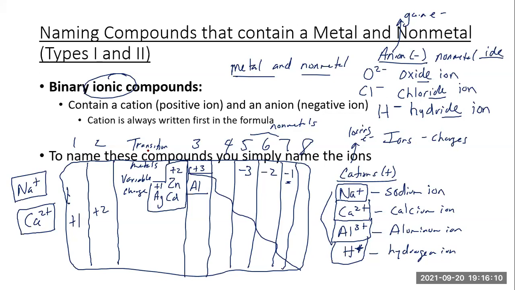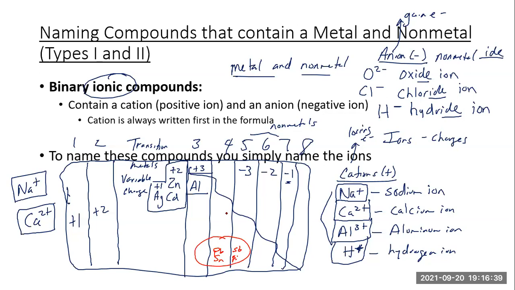The transition metals and even the metals in this area as well, below the staircase, things like lead, tin, antimony, and so forth. Bismuth is over in this area as well. These guys will have variable charges, which means they can make multiple charges depending on who they bond to and how many of something else they bond to.